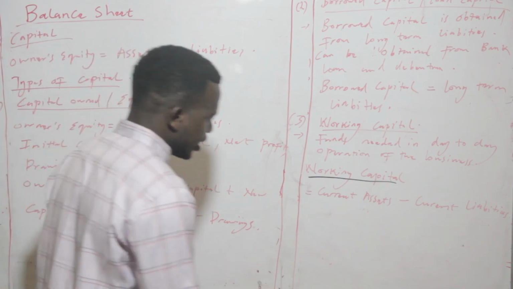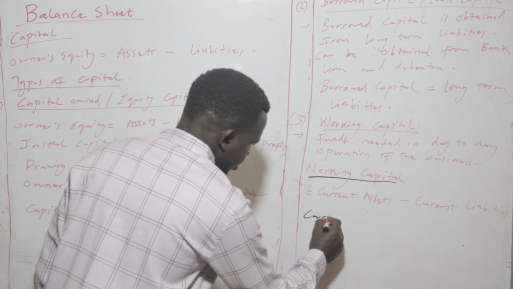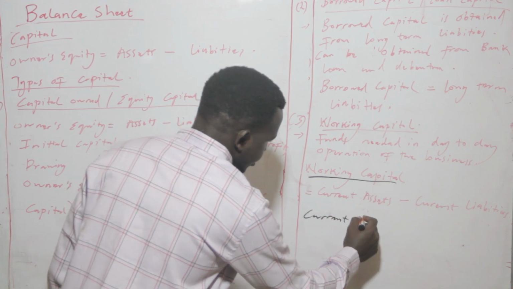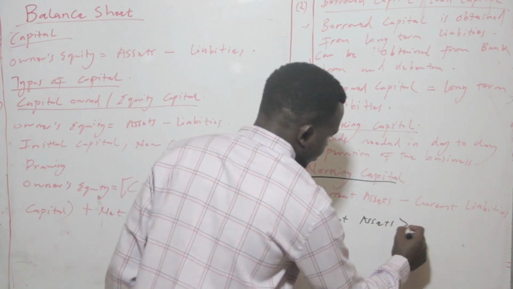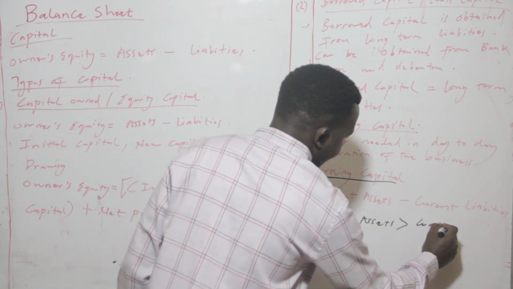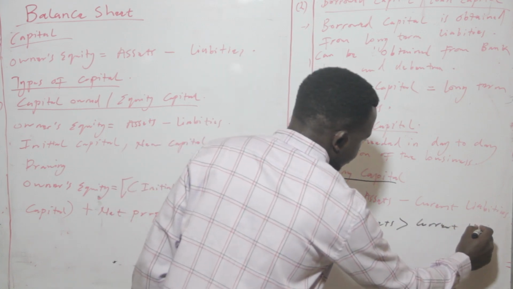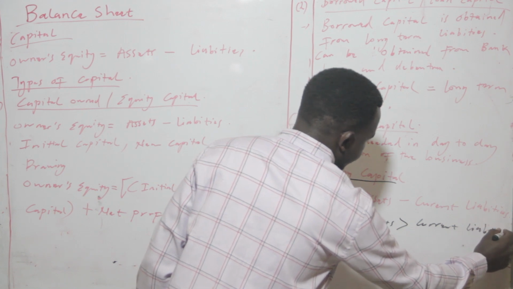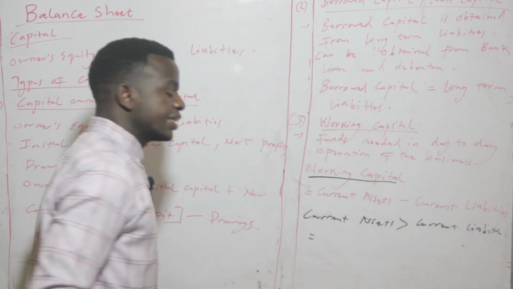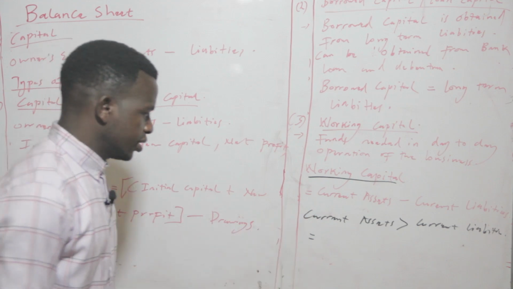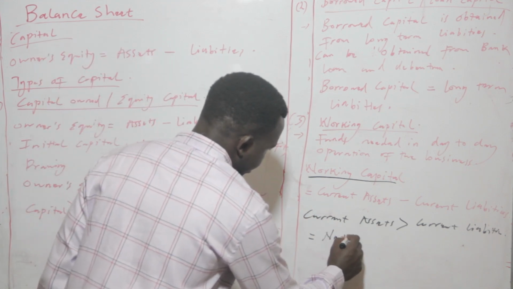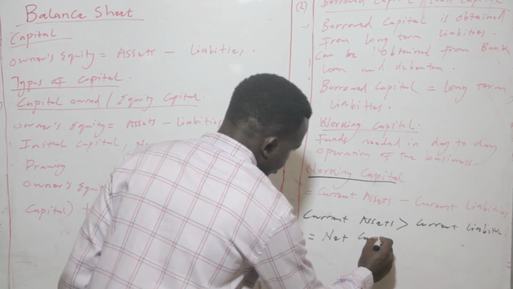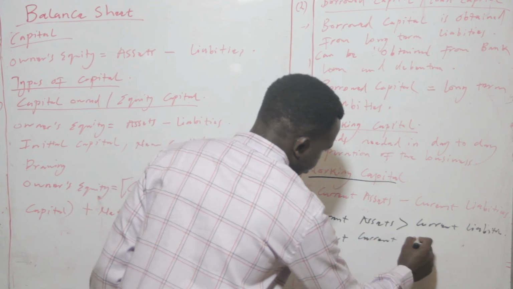We can also say that when the current assets are greater than the current liabilities, that means that we can find net current assets.